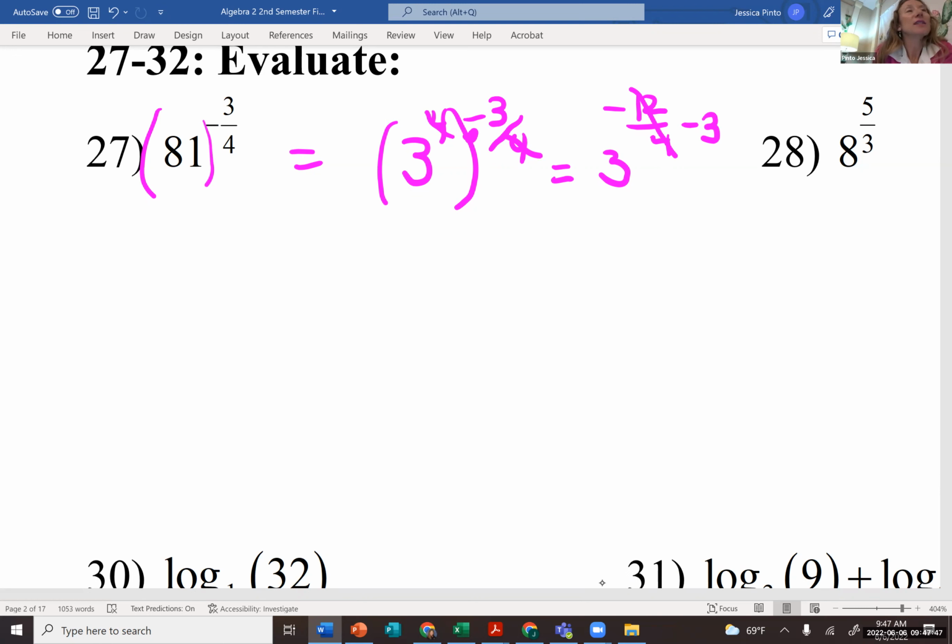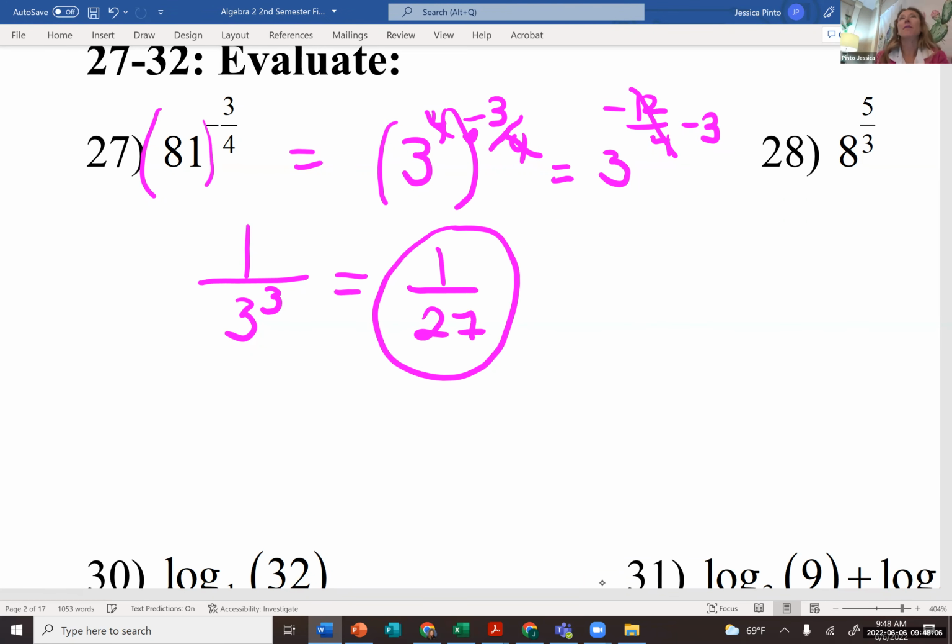So a negative exponent means that the answer is in the denominator. So it's going to be 1/3 to the 3rd power. The exponent is now positive when I move it to the denominator to show that the answer to a negative exponent is in the denominator. And next I'll simplify that to 1/27. That's a number. So I've done this correctly. I found a numerical value.